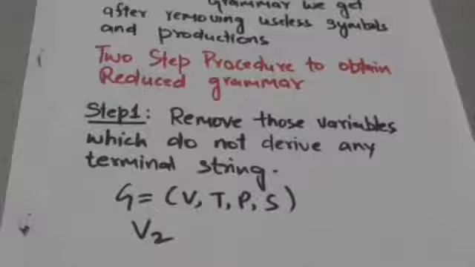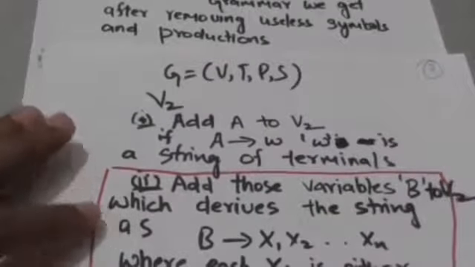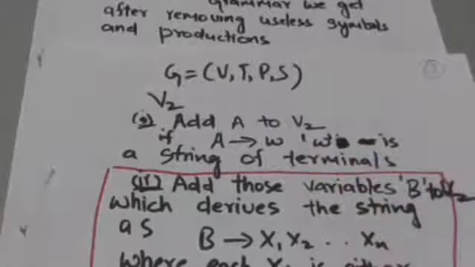Suppose a grammar G is given to us, right? And we have to remove those variables which do not derive any terminal strings and those productions which involve these variables from this grammar G. First of all, we will make a new set V2, right?